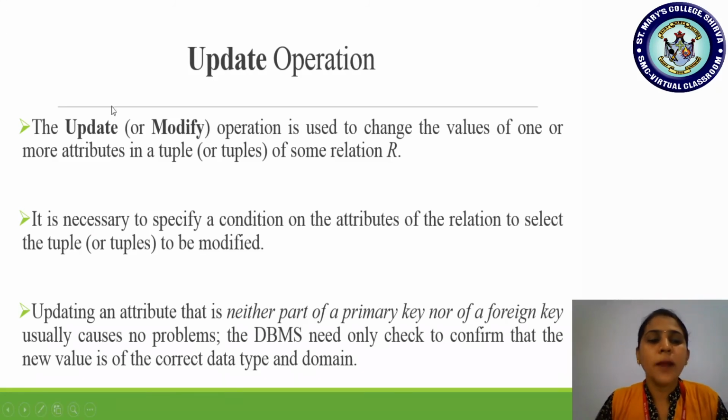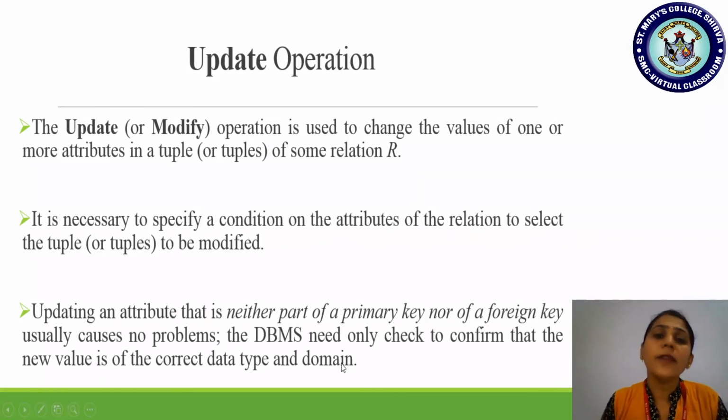Updating an attribute that is neither part of a primary key nor a foreign key usually causes no problems. If you want to change some attributes which are not a primary key and not a foreign key, then there doesn't exist any problem during the update operation. But the DBMS need only check to confirm that the new value is of the correct data type and domain.